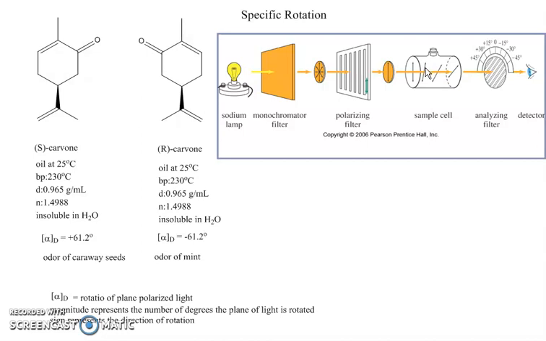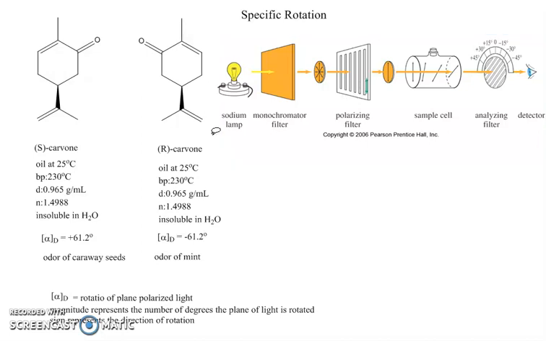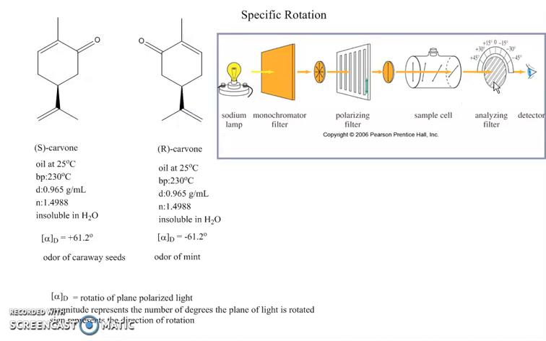So you can see it turning and turning and turning. The longer it passes through this cell, the more it turns until it reaches a detector that says the light in this particular case was rotated minus 30 degrees. And that's what we're talking about by the rotation of plane polarized light. Now, in theory, the R carvone would rotate at the same number of degrees, but in the opposite direction.